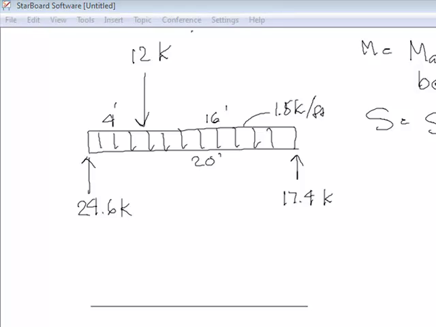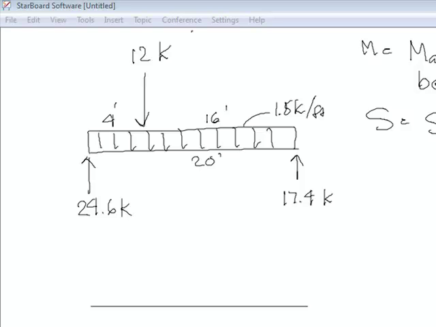Okay, so how do you draw a shear diagram for this? What's the first thing you do? I can't just sit up here and talk to the wall. Well, the first thing that happens going from left to right is you got a force that goes up 24.6 kips.